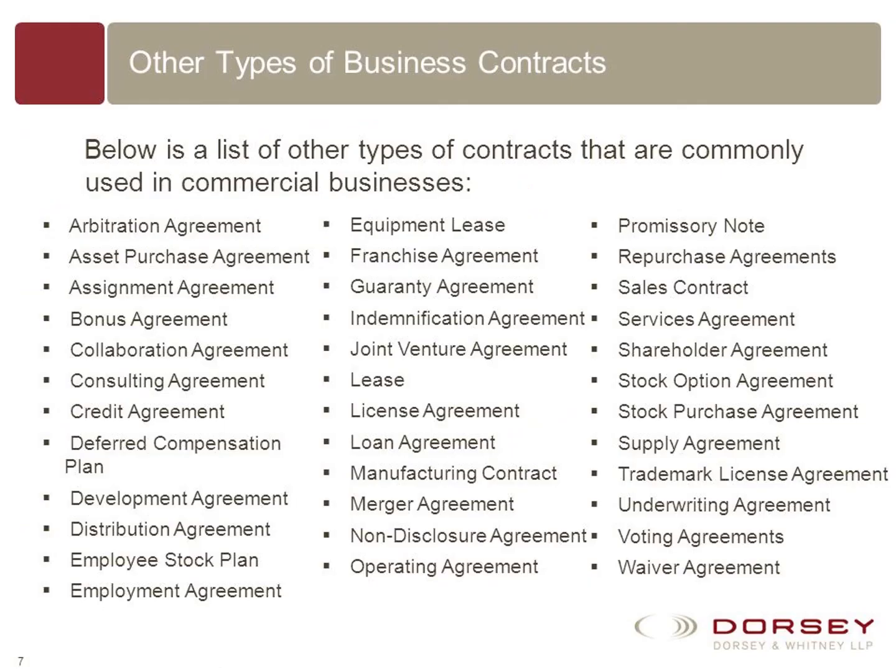And here are some of the types of business contracts that you may encounter. But take note that every contract has a different purpose, of course, with a different nature of transaction. You have the arbitration agreements, asset purchase agreements, bonus agreements, license, joint venture, shareholder agreement, waiver, voting, merger agreements, manufacturing contract, employment agreement, and a lot more.